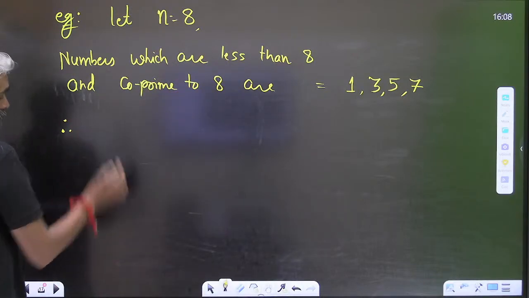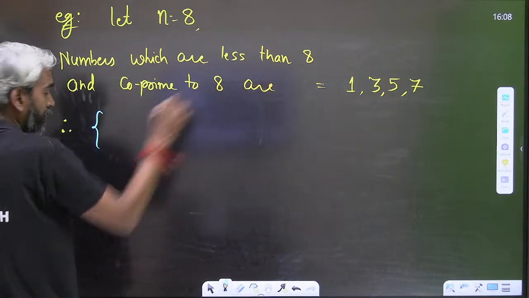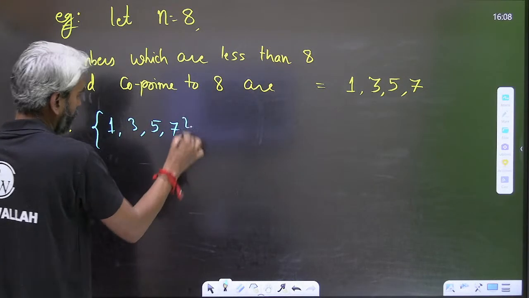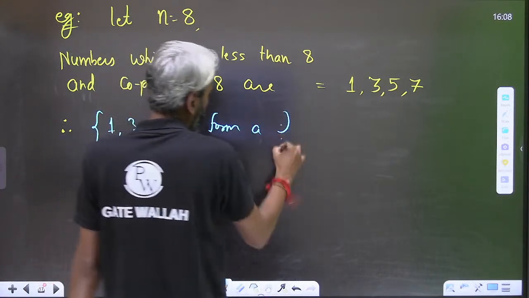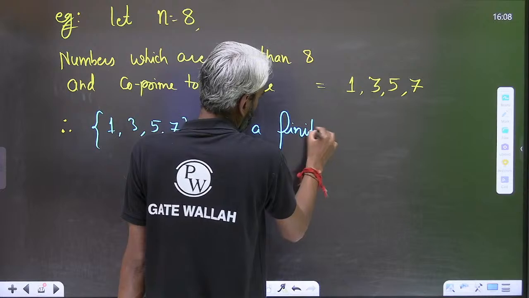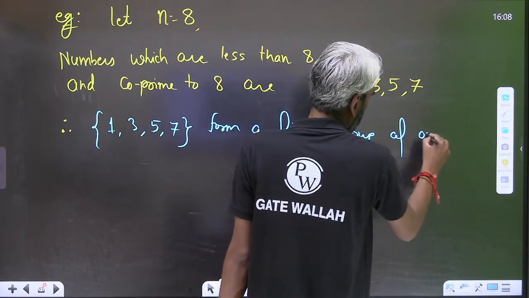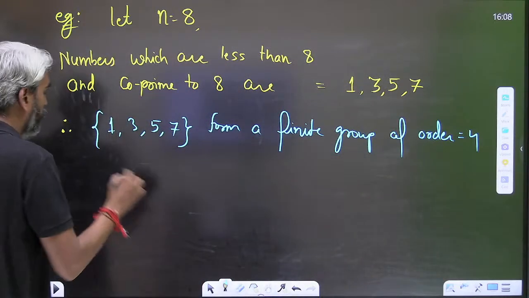Therefore, we can say that the set containing 1, 3, 5, 7 forms a finite group of order 4, with 4 elements.